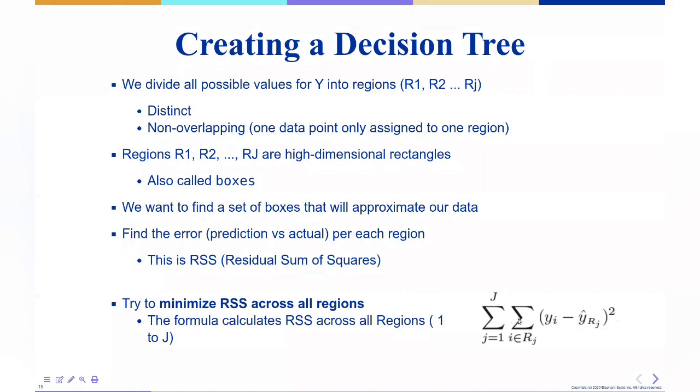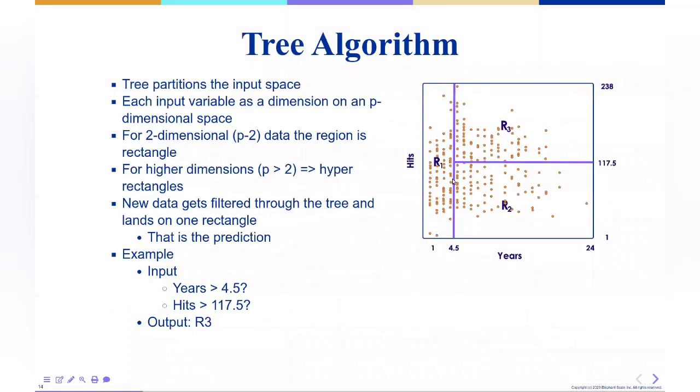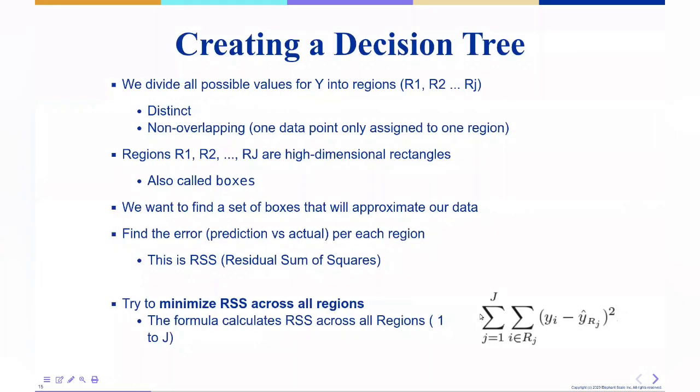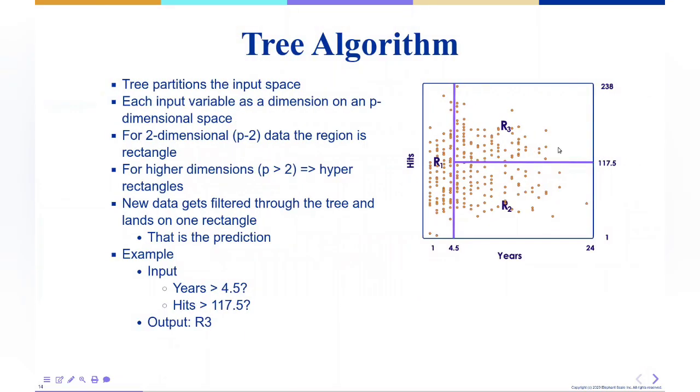The reason we have 2 sigmas is that 1 sigma sums up all the errors in 1 region, and the outside sigma is for all the regions, usually 2 regions, because when you do a split, that's it. So same thing: we want to pick a point that minimizes my SSE, the sum of squared errors. That's how the trees try to split the data.